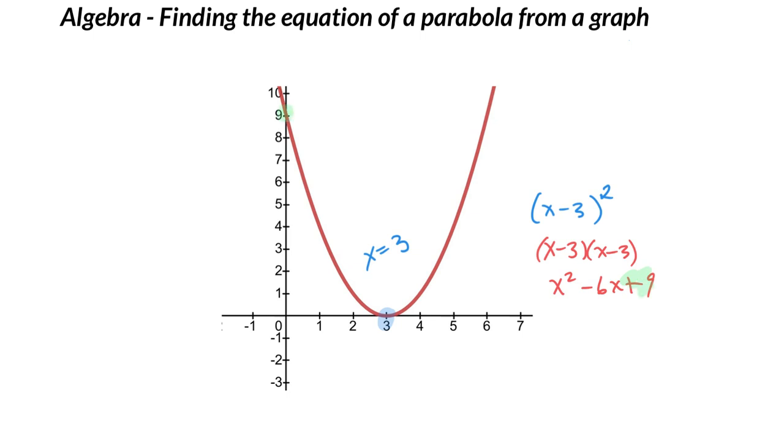If I were to put like a 1/3 out front, maybe, right here, so that would multiply all of this by 1/3. That would change the 1/3 times 9 to be 3, so that would keep the same 0, but stretch this parabola out to look like that.